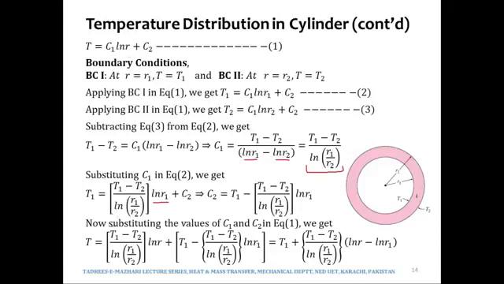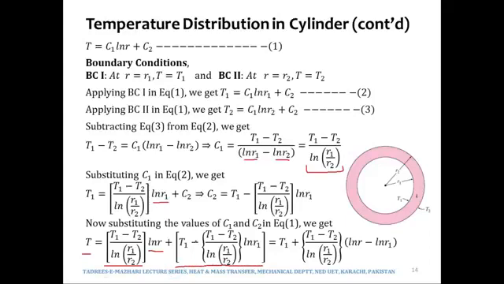So if we put both values of C1 and C2 in equation 1, T is equal to C1 times log R plus C2. Therefore this whole thing is C2.